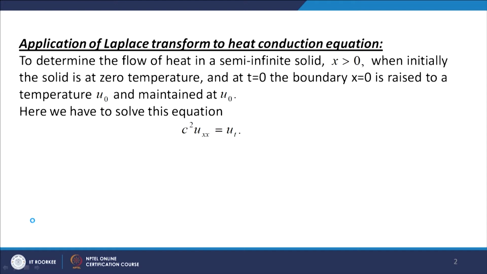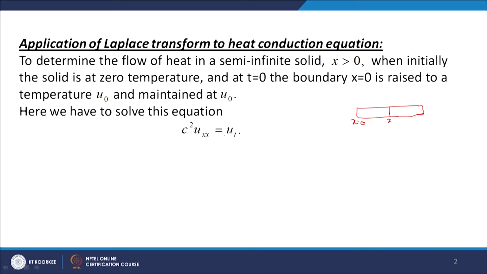So, let us assume that u x t denotes the temperature distribution in the semi-infinite solid at a distance x from one end. Suppose this is your one dimensional wire. Okay, so this is your end x equal to 0. We have an element here at a distance x from x equal to 0 at time t.